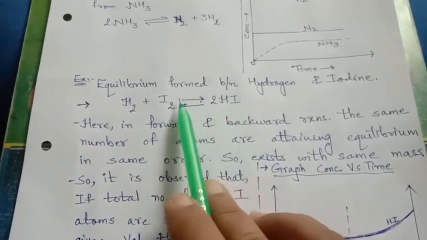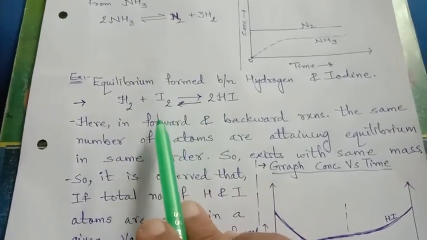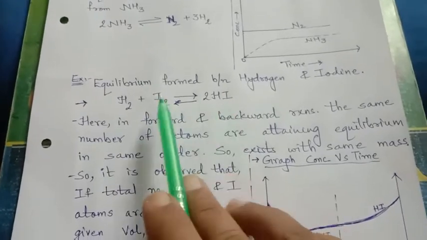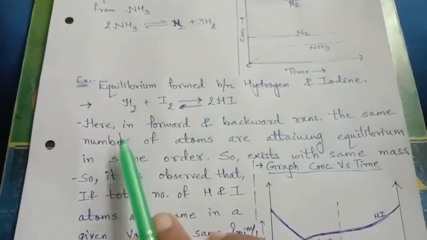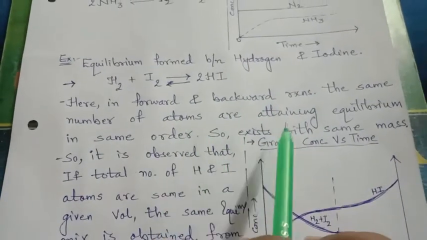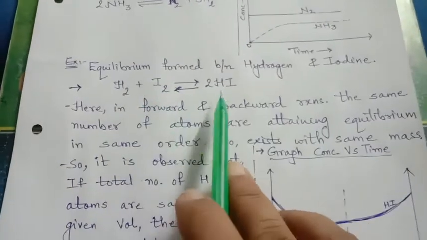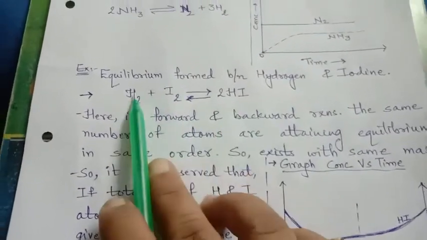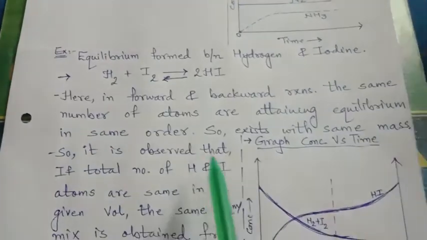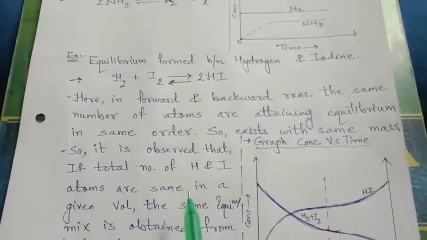So this is again an equilibrium which shows the same number of atoms in both the forward and reverse reaction. In forward and backward reactions, the same number of atoms are attaining equilibrium. Same concentration in reactant and product side, so they exist with the same mass.